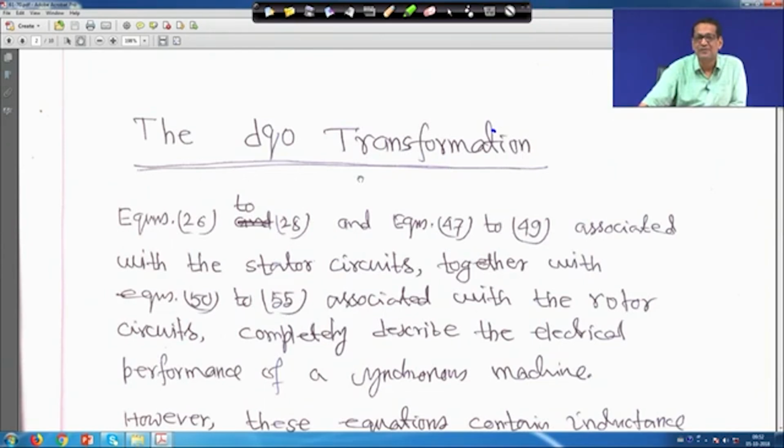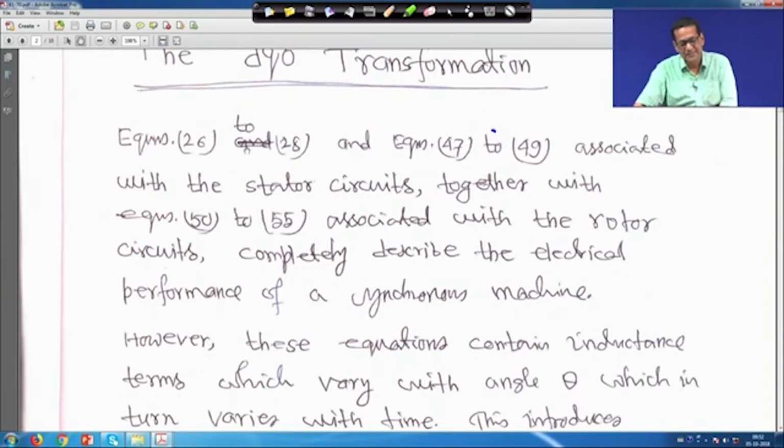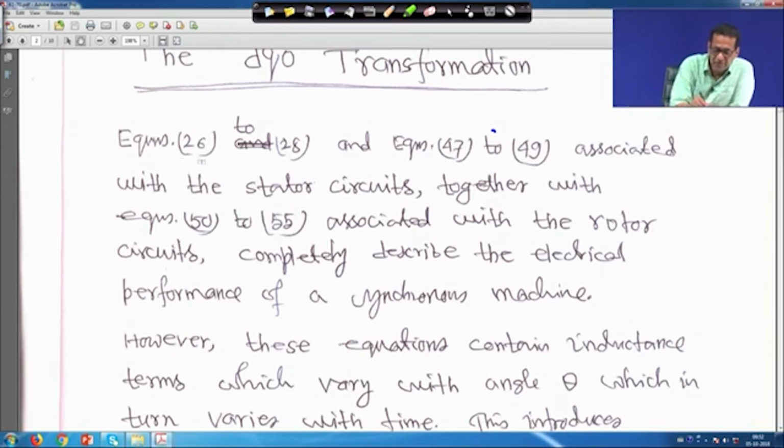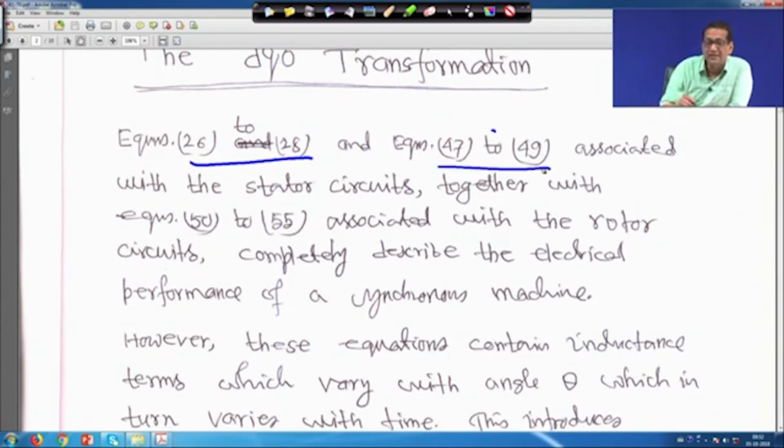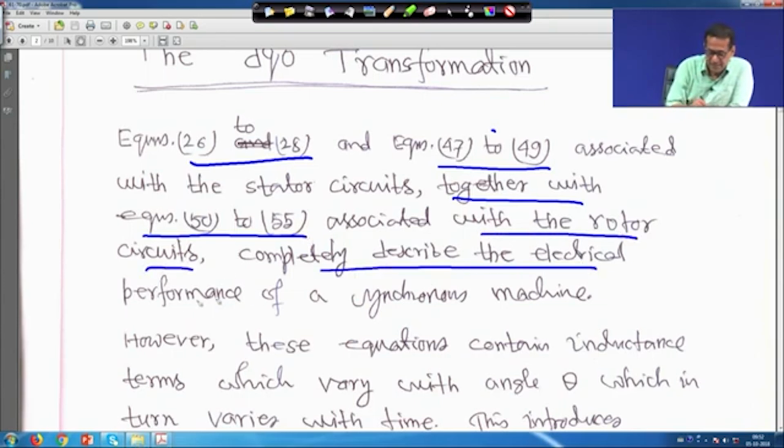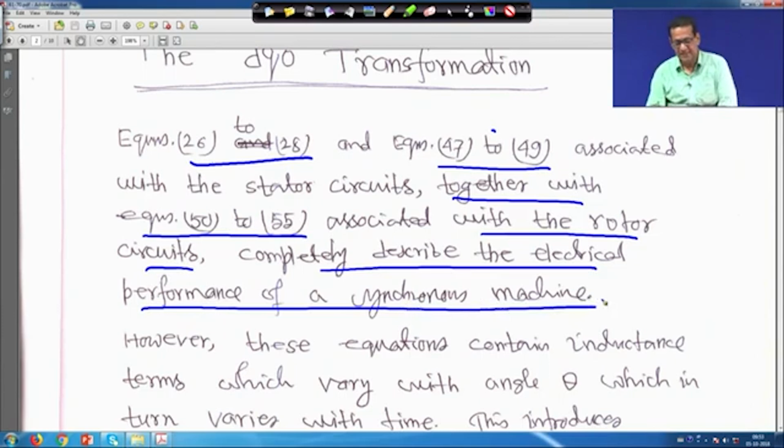Now, equations 26, 27 and 28 and equations 47, 48 and 49 associated with the stator circuits, together with equations 50 to 55 associated with the rotor circuit, completely describe the electrical performance of a synchronous machine, right.